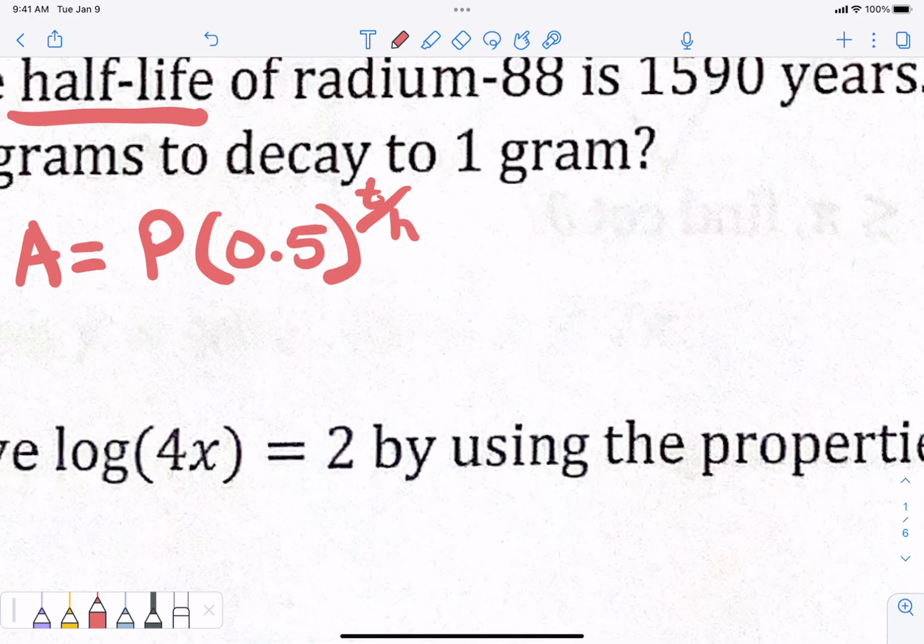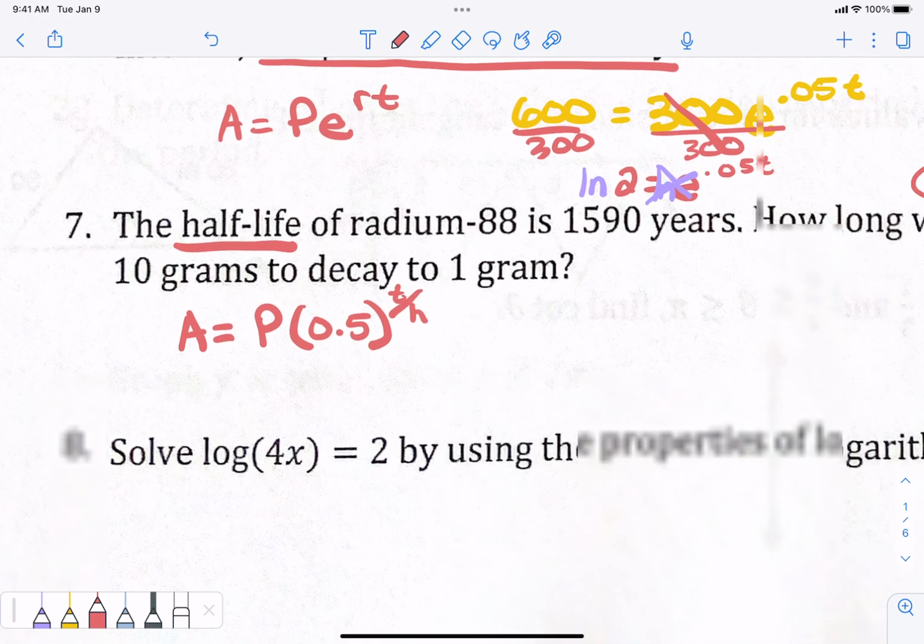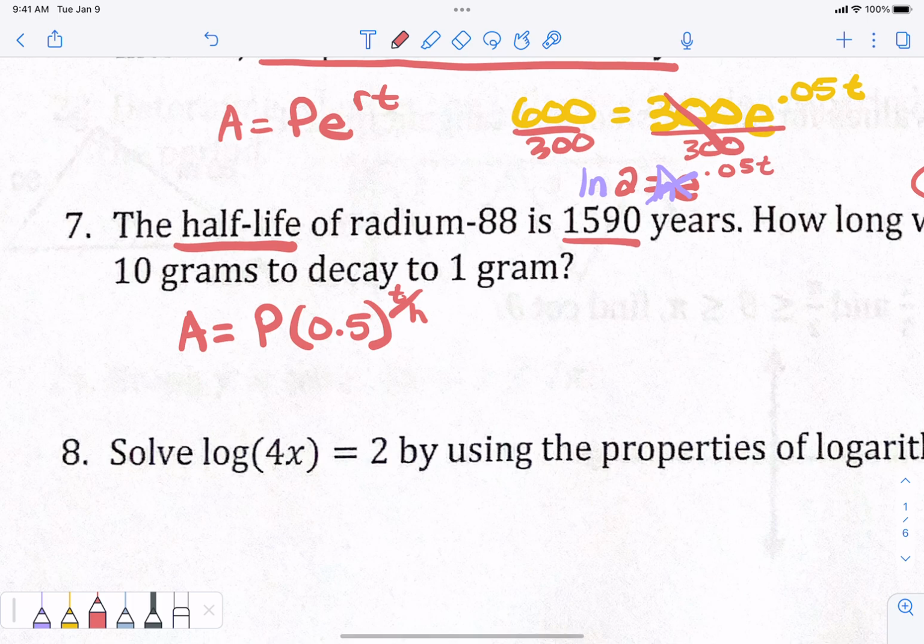Not every chemical reduces in half at the same rate. Like carbon 14 is 5,730 years. Here we're talking about radium. Its half-life is, it splits in half after 1,590 years. That's what your H is going to be. H is 1590. They have to tell you that information.